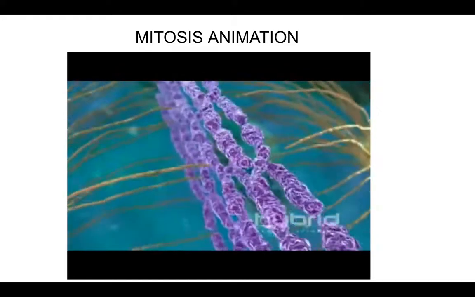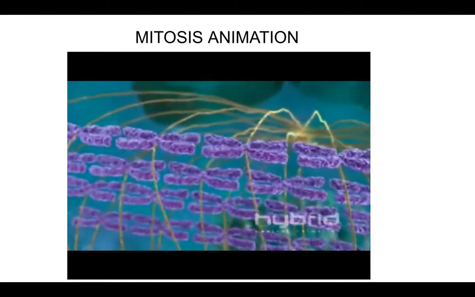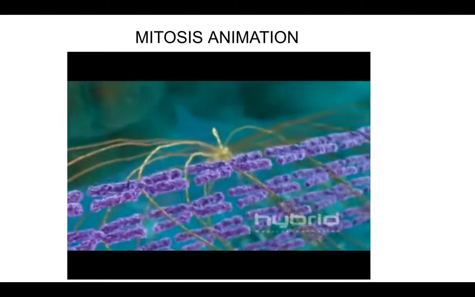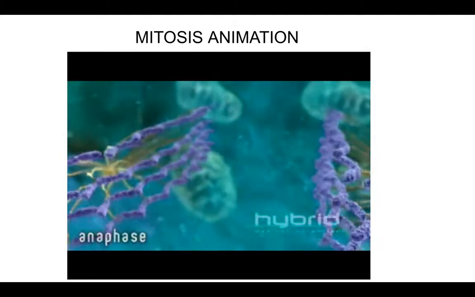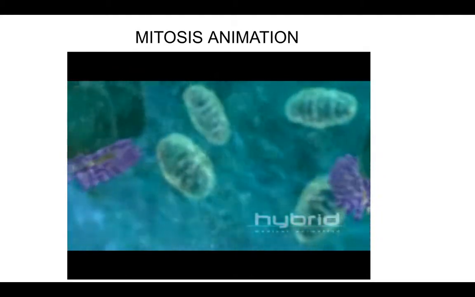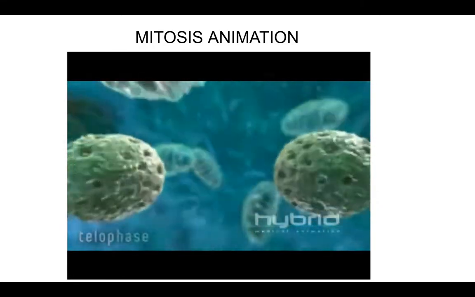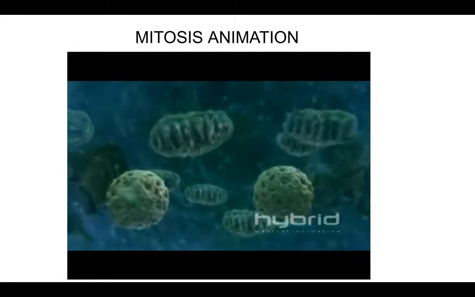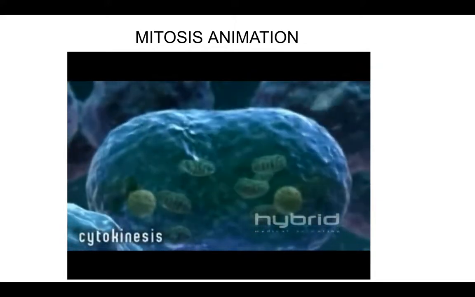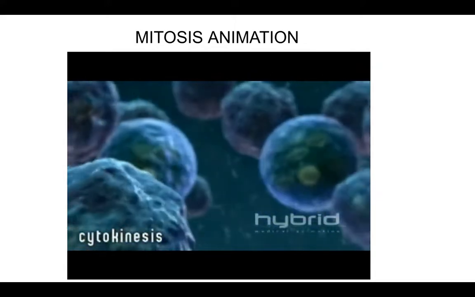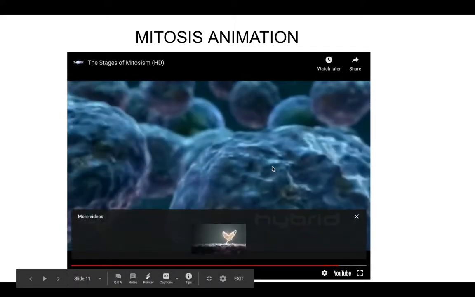It's going to attach out to our chromosomes, and then it's going to pull those chromosomes or those chromatids, the sister chromatids apart, reform the nucleus around each set of DNA, and pinch the cell into two separate cells. And we get cell division.